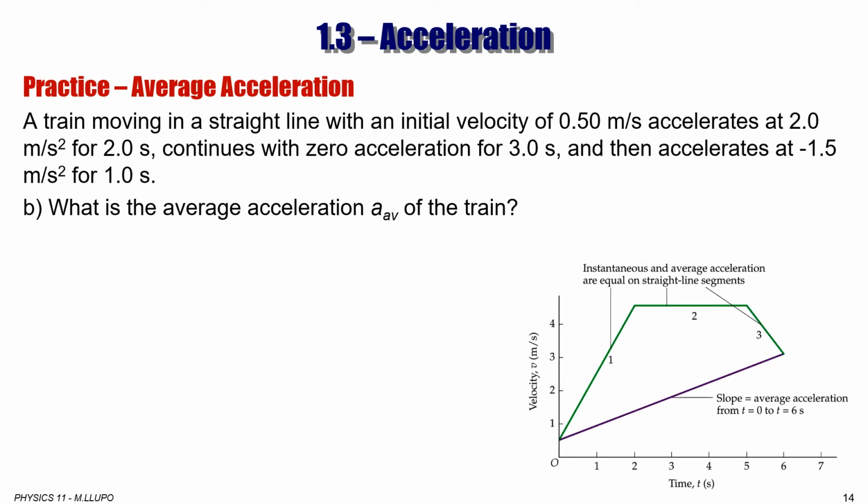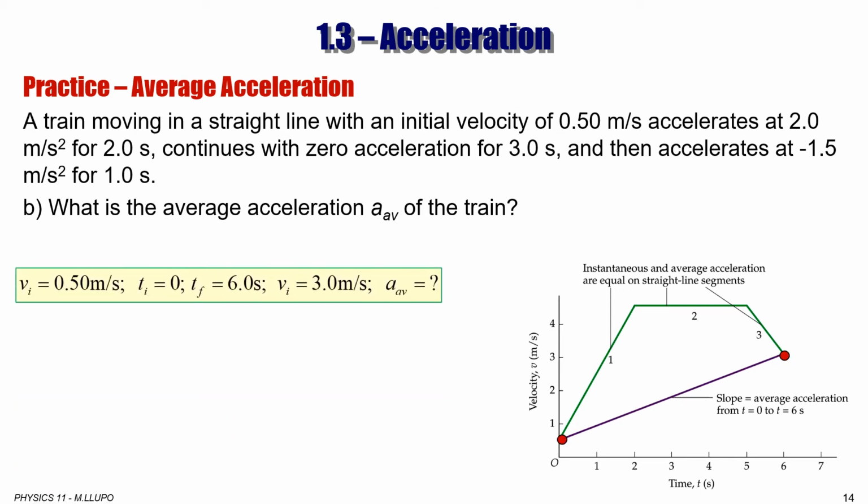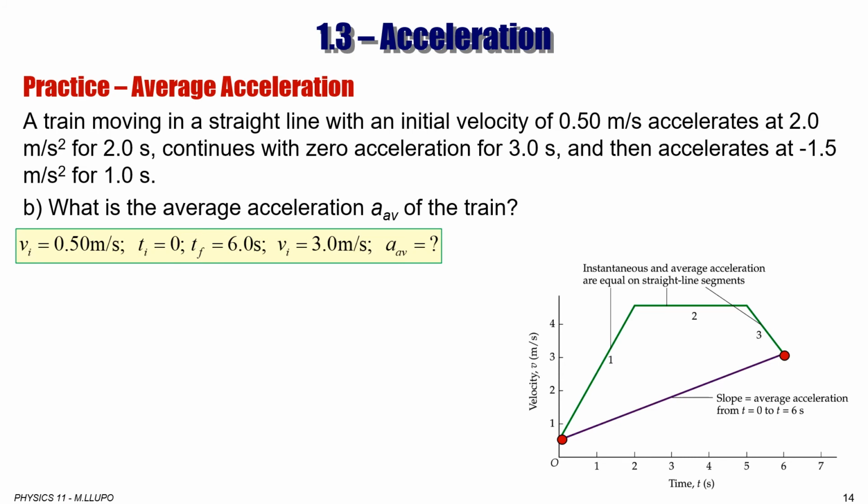So B is asking for the average acceleration of the train. So let's get those 2 points, so that you can calculate the final and initial velocity for final and initial time. So initial velocity is 0.5 for initial time 0, and final velocity is 3 meters per second for time 6 seconds.